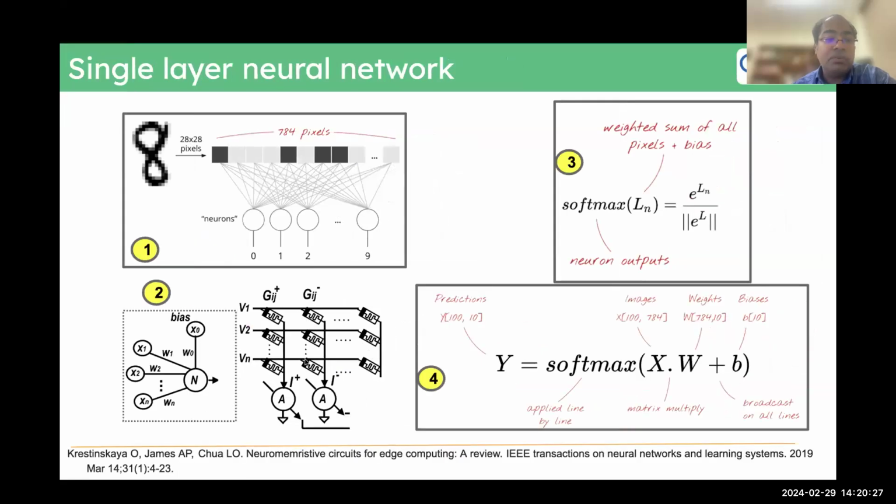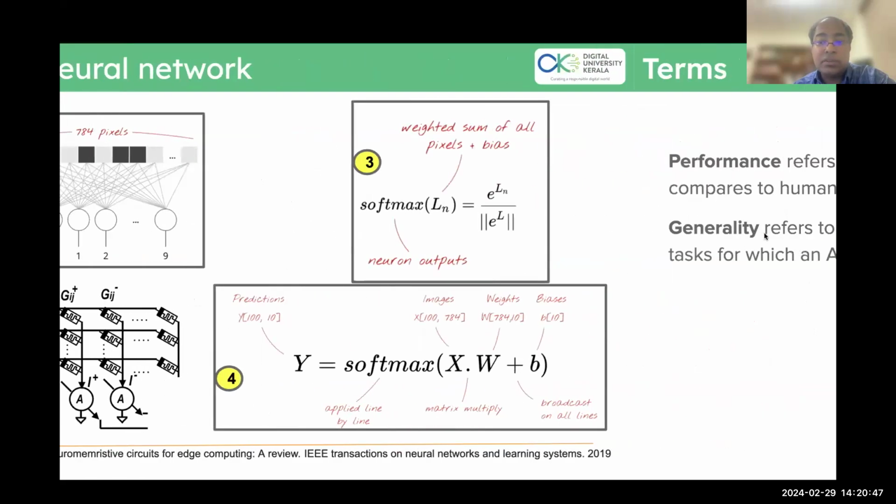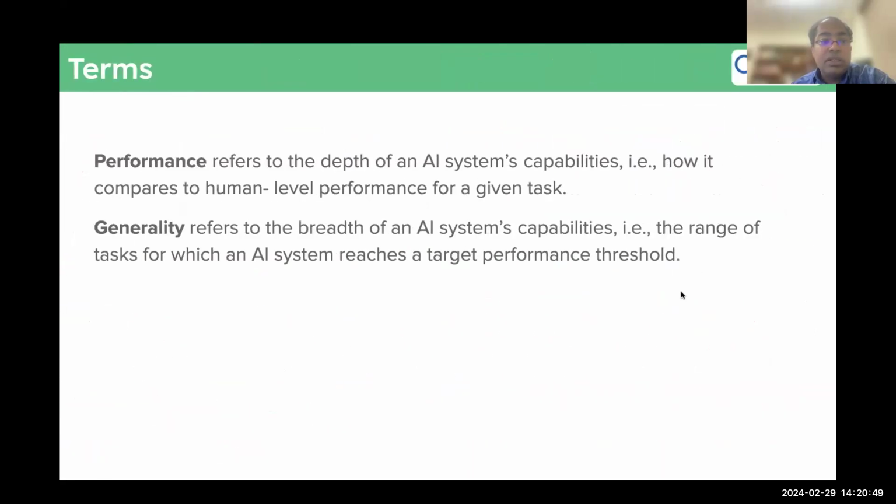For example, if you want a single layer of a neural network, you can have a weighted summation operation implemented as a crossbar configuration followed by a softmax. Now, softmax can also be implemented as a set of winner-takes-all circuits and others to build the entire circuit schematic.